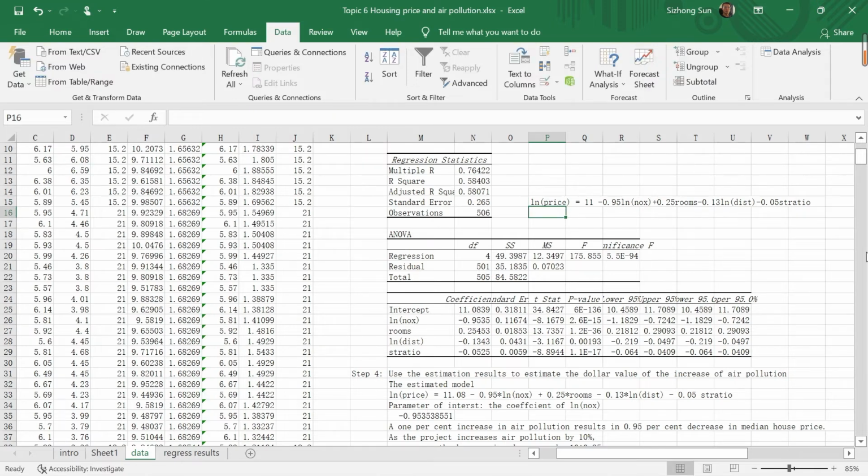And by the way, they are statistically significant at the 5% level.